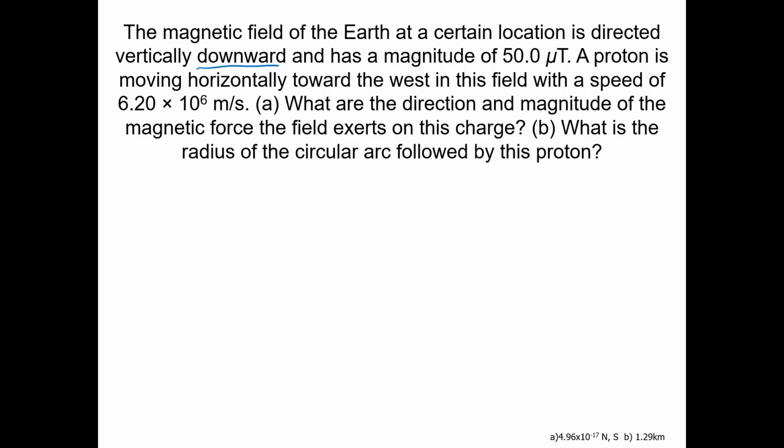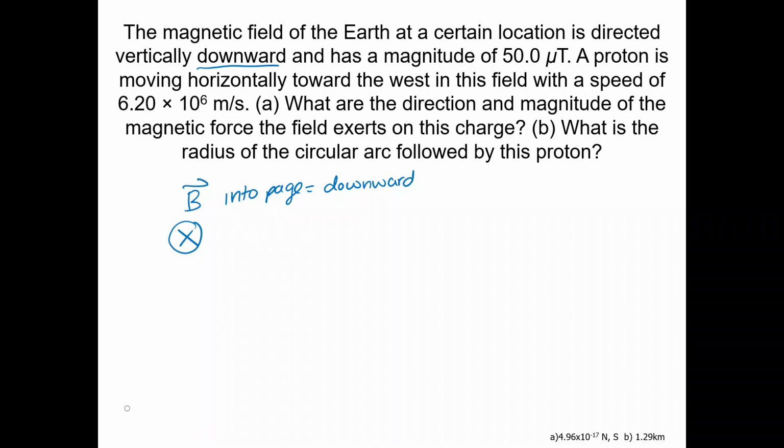So there's different ways to visualize this. I'm going to represent vertically downward as into the page. So into the page is equal to downward, and that is where my magnetic field is pointing.